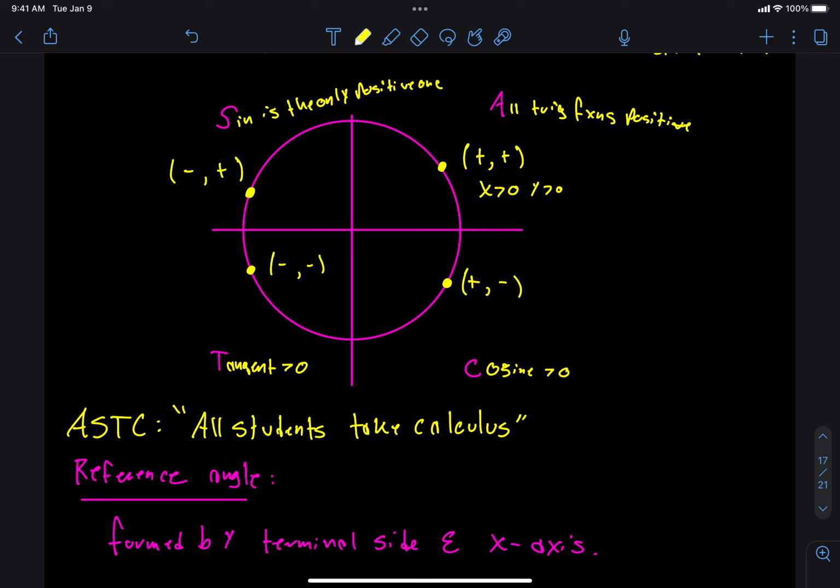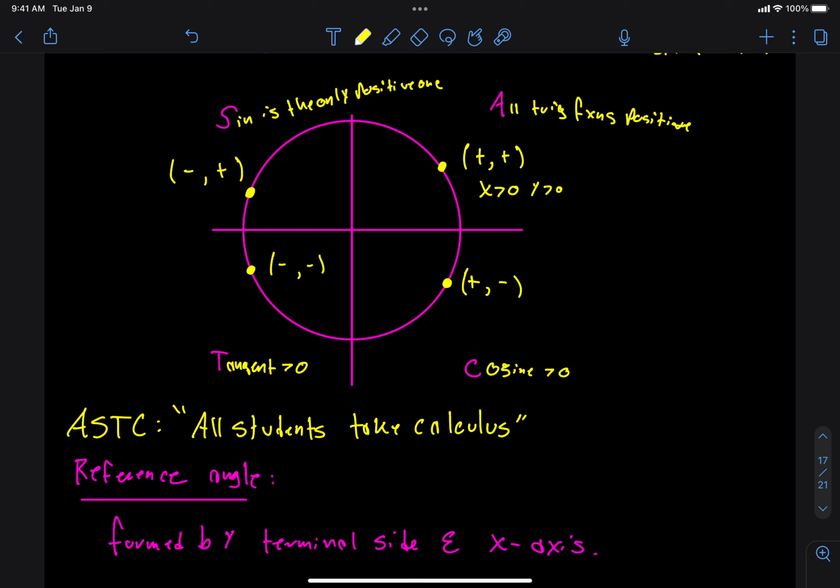Multiply which one by square root of 3? The short leg. We multiply the short leg by square root of 3 in order to get root 3 over 2. Okay, so these are the coordinates of this point. So which one is going to be relevant for secant? Yeah, cosine.